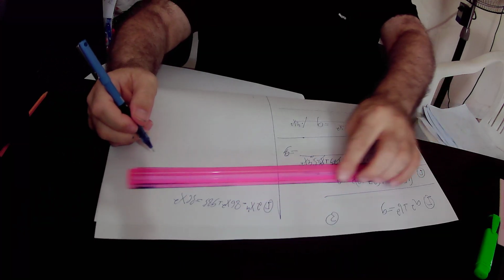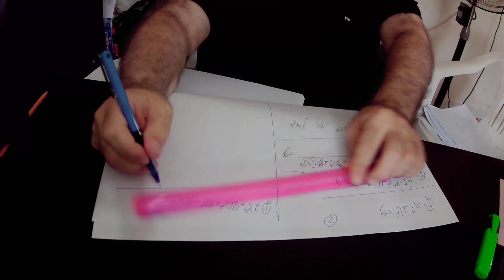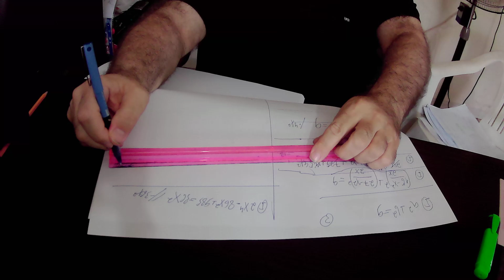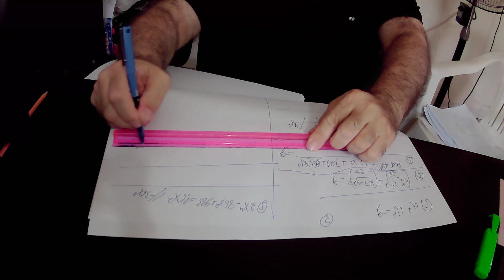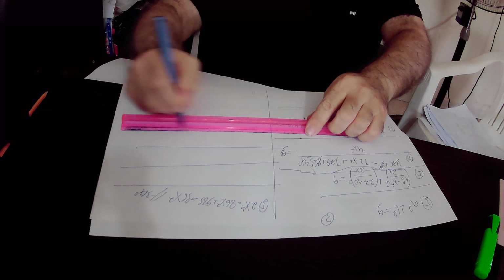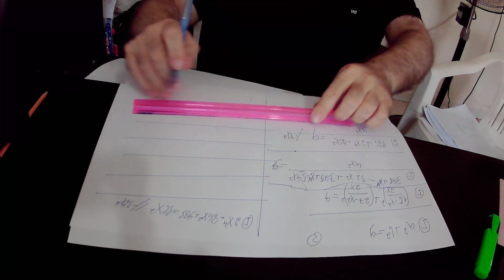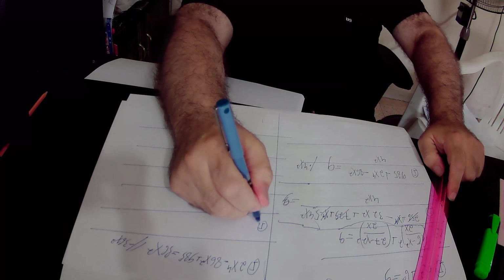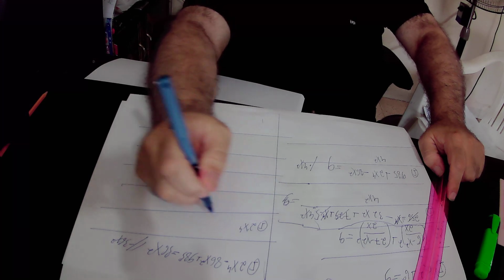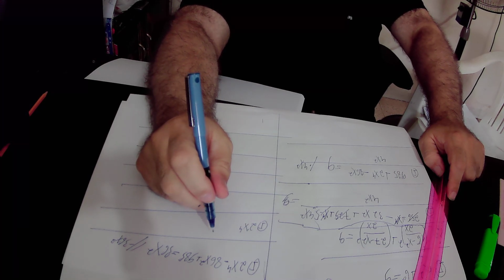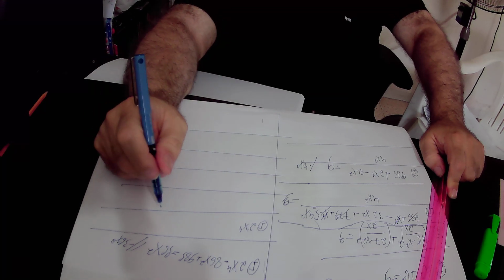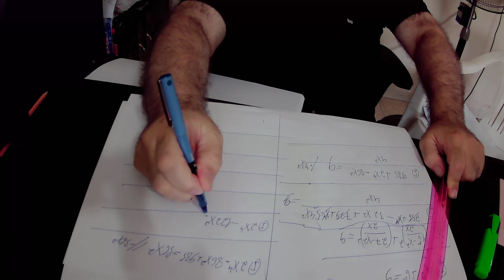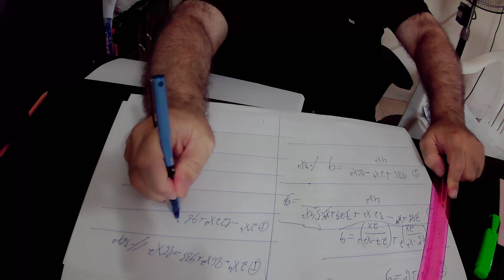Here we subtract 36x squared from this equation, and we get that according to equation number 1, 2 times x to the power of 4, and we have minus 86x squared minus 36x squared, which is minus 122x squared, plus 985 equals 0.